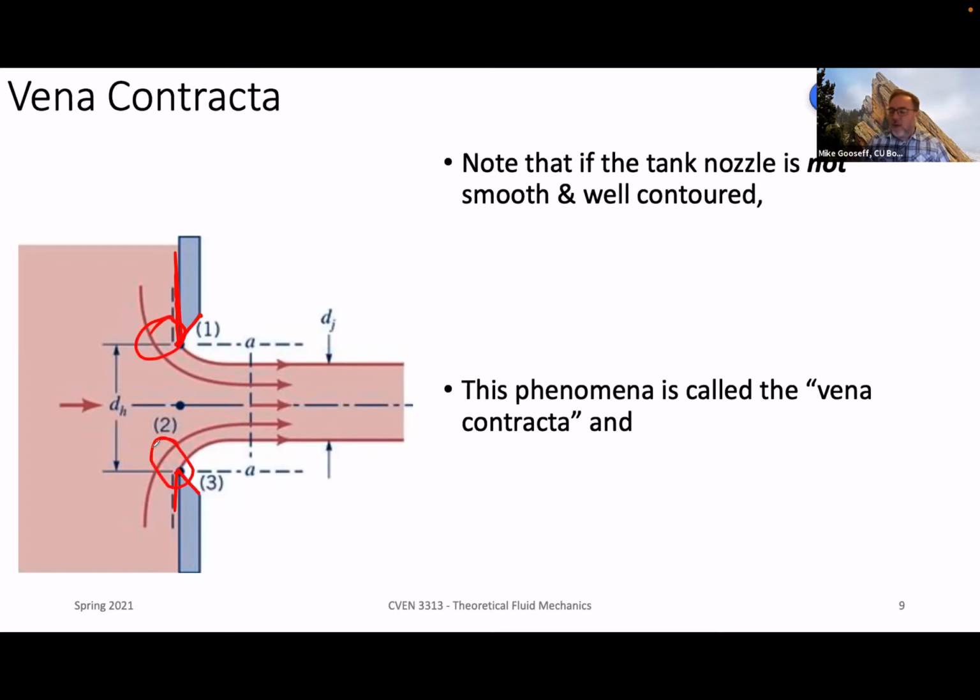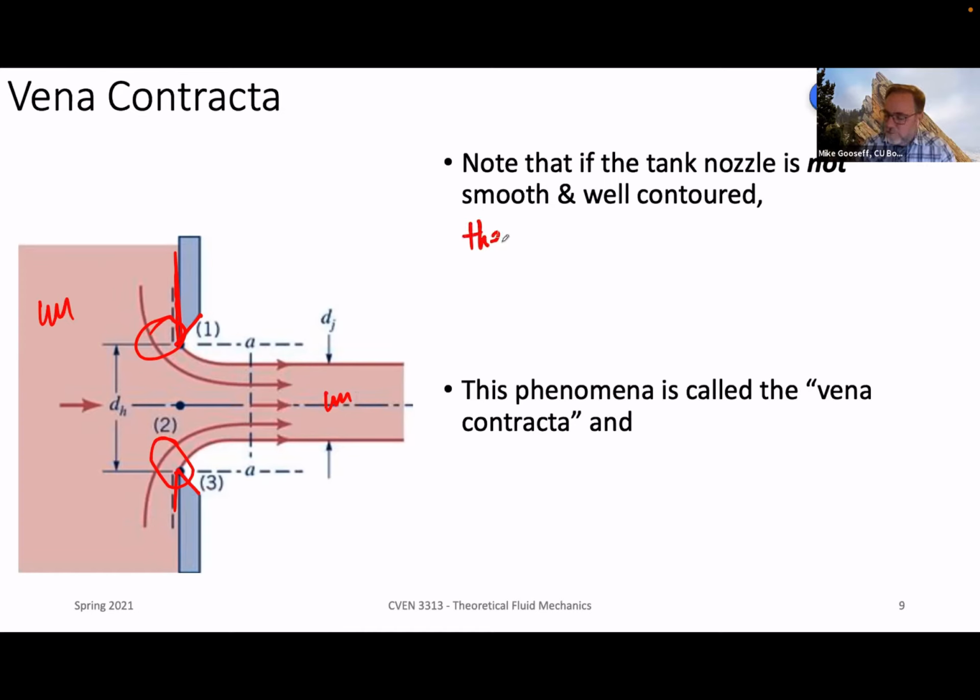And so if the tank nozzle or an opening to the atmosphere is not smooth and well contoured, in other words, providing a smoother transition between this flow regime here and this flow regime, whether it's in the jet or a pipe, then in this case we'll work with the jet diameter.